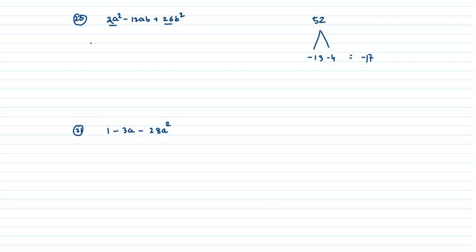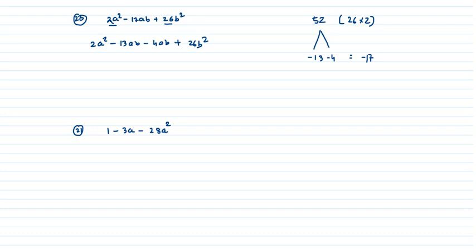So here 2a square minus 13ab minus 4ab plus 26b square. What I did, I multiplied 26 into 2, which is 52. I will mention it here so at least you will not lose it. You don't have to break the 26, you have to break the 52.